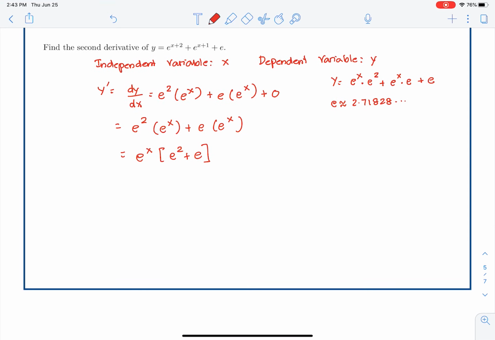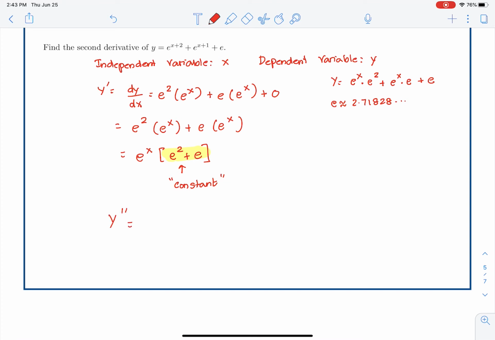Now we want to find the second derivative. Well, if e is a constant, e squared is a constant, e plus e squared is a constant, so that entire term is a constant. It is some number. So we just have a number multiplied by e raised x.